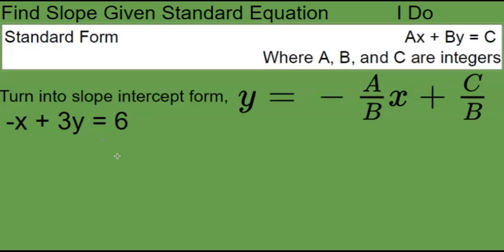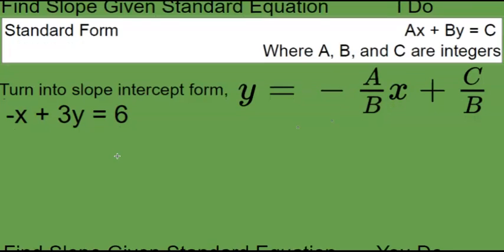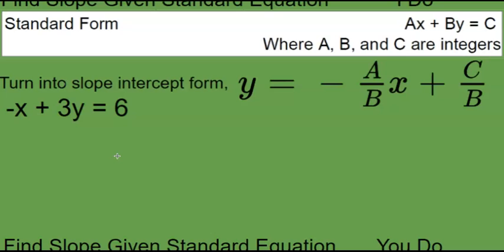Find slope given standard equation. The standard equation is ax plus by equals c, where a, b, and c are integers. Turn this into slope-intercept form. So, a equals -1, b equals 3, and c equals 6. And now we're going to turn it into this form right here.